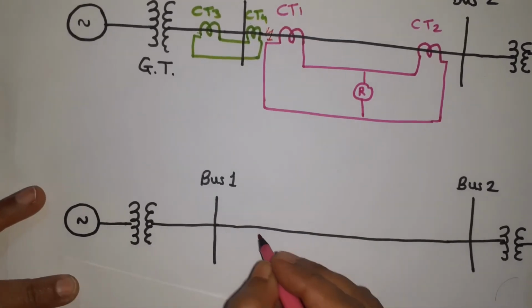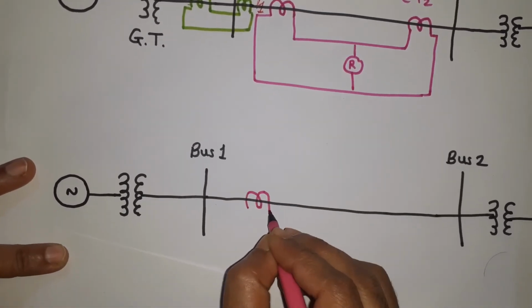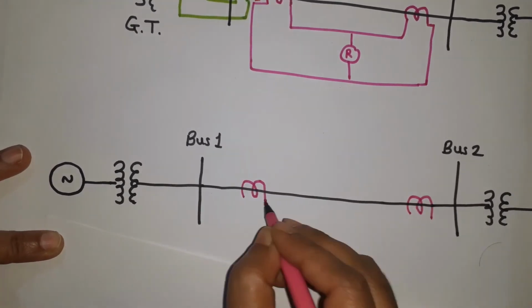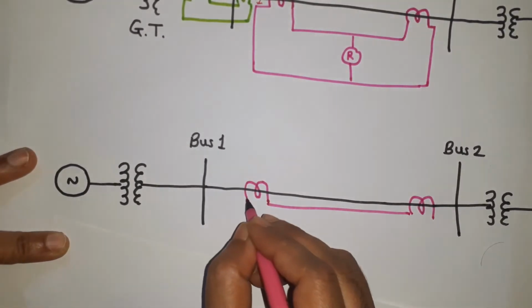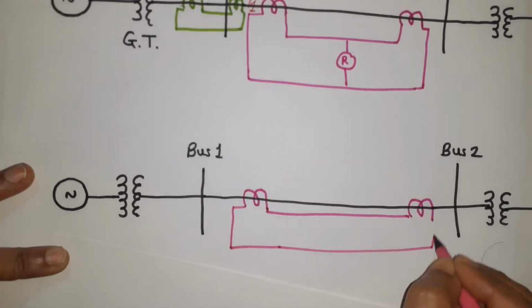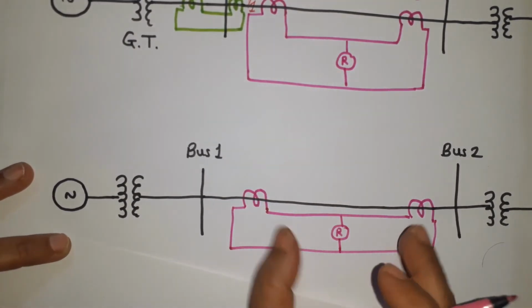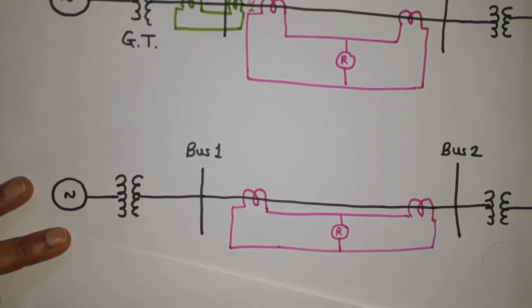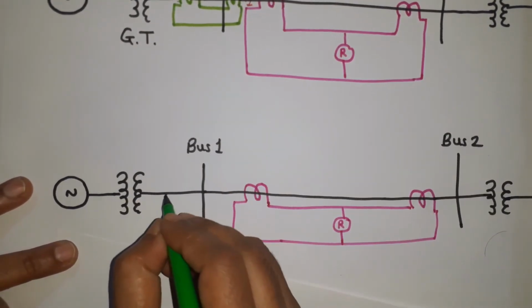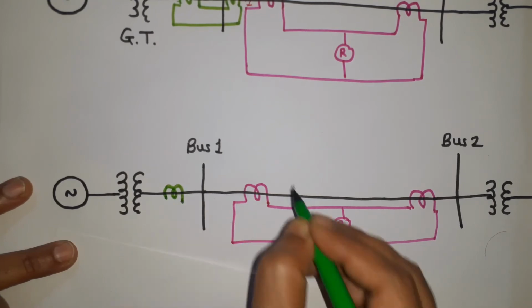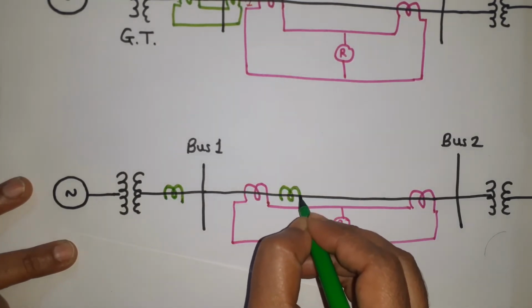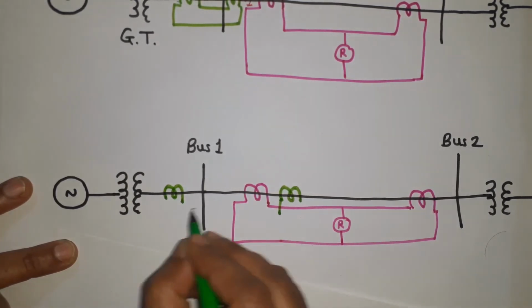So my zone of protection for the transmission line will remain as it is. This is my first zone of protection. I am having one relay here. This is my zone of protection for the transmission line. And now for this bus 1, my CT3 is here, but the location of CT4 should be overlapped on CT1.